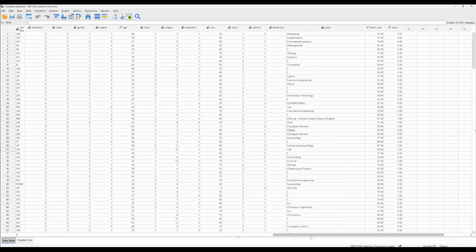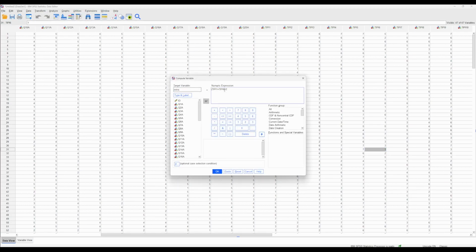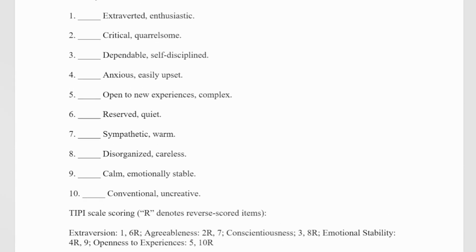Alright? So, I'm going to do the rest for the other scales. So, let's go for transform, compute variable. I'm going to call this, oh no, just leave that there. Okay, it's gone. Agreeableness, agree. So, open parentheses, TP2 plus TP7, and we can tell this from the scale information.